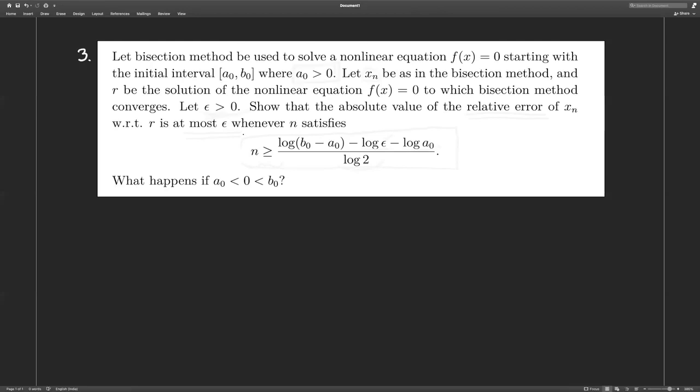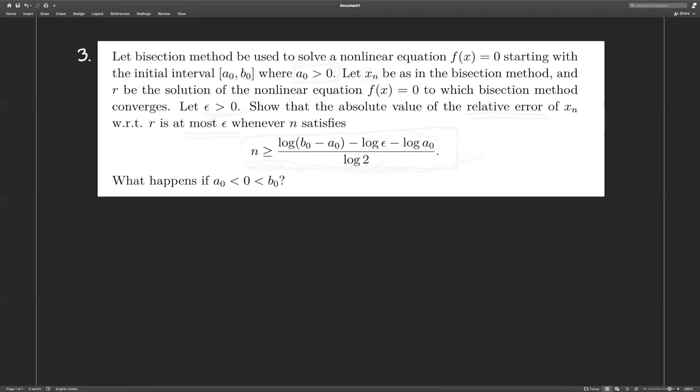Can we still get this inequality? Well, log a is not defined. That itself is a clue that such an inequality should not be possible when a is less than 0. But still, we have to give the reasons behind why we cannot go for such an inequality from a different point of view. Let us first see, if a0 is greater than 0, how to get this inequality.